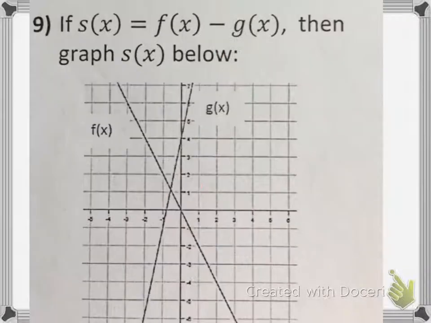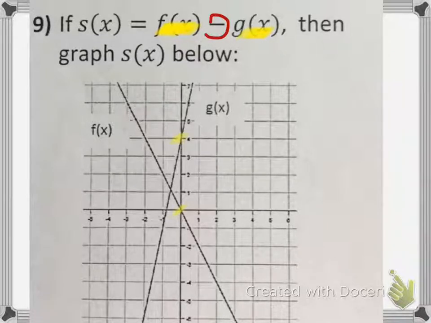All right, we have one more example to do here. This time, if you'll notice, it says to subtract instead of add. I've been adding, and in addition, I can add in any order, but in subtraction, it matters which order I use. So I always need to make sure I'm looking at the f value first and then the g value. I think I want to look at 0, because right here, you're at 0.